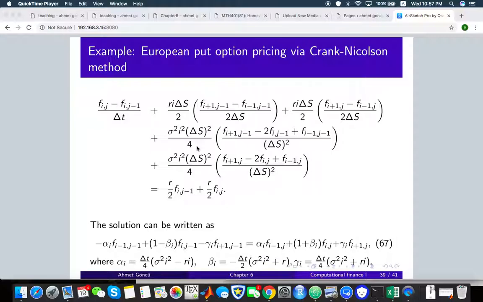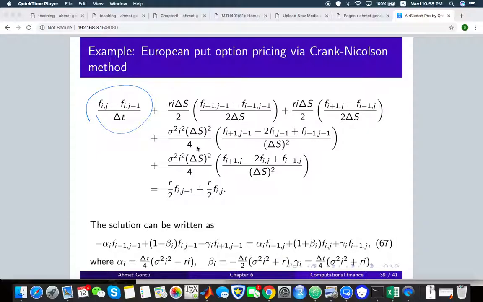So what about if we want to apply the Crank-Nicholson method? We can show that also quickly. This time we are basically averaging two things, the explicit and the implicit methods. You can see the time derivative approximation is here. If I write this as j minus 1 and j, that means what we know is going to be the time step j.